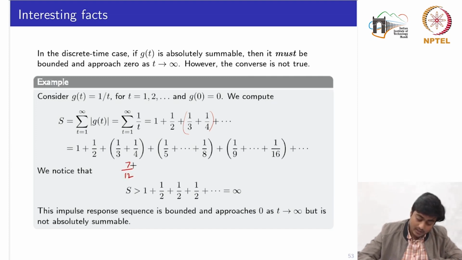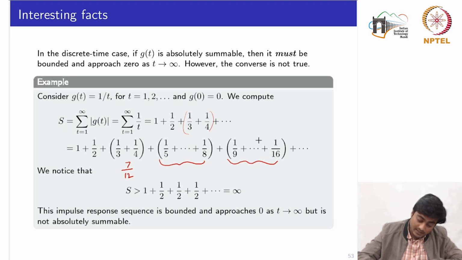So this part is greater than 1 by 2. Now if I club the next couple of elements, this part is again greater than 1 by 2. Similarly, if I keep combining the elements up to t tends to infinity, I would find that this summation is greater than 1 plus every entry greater than 1 by 2. And we know that this would approach infinity.